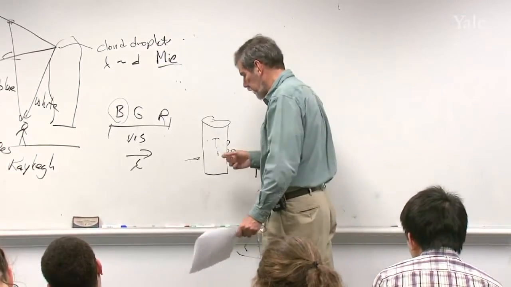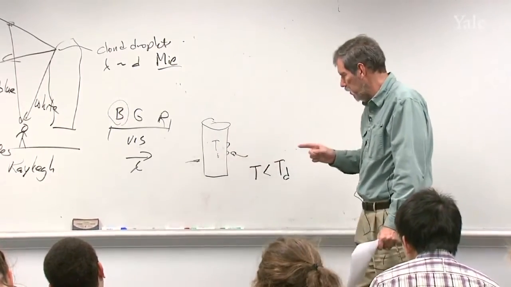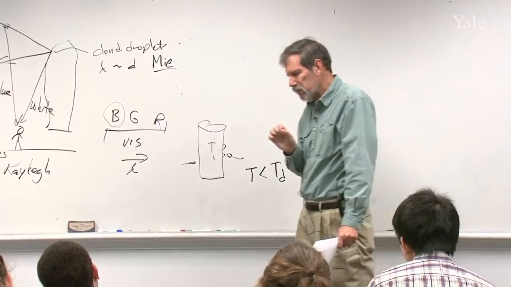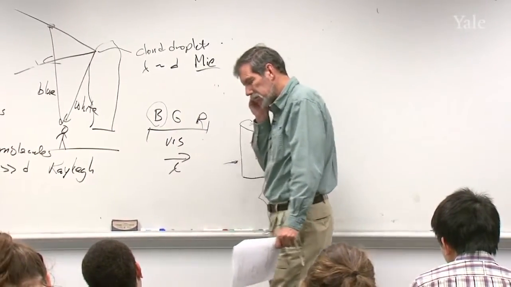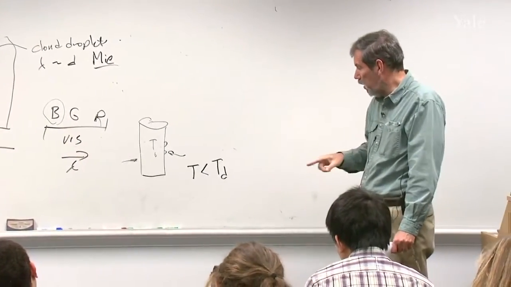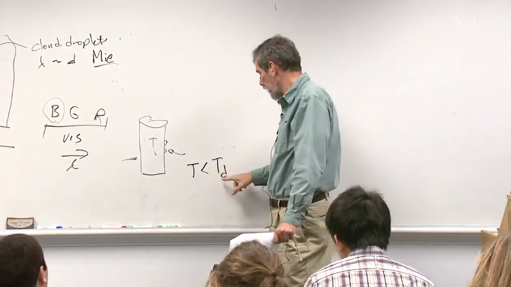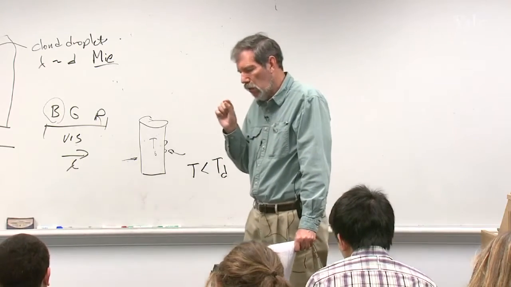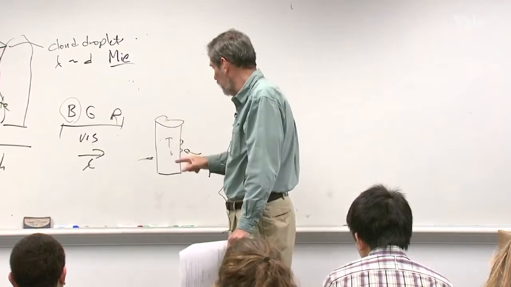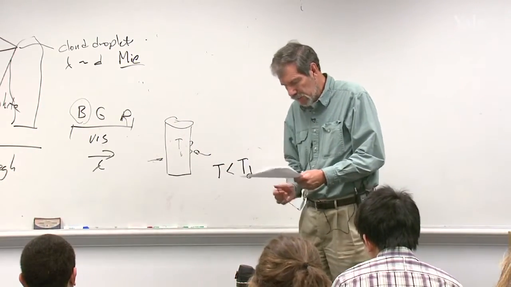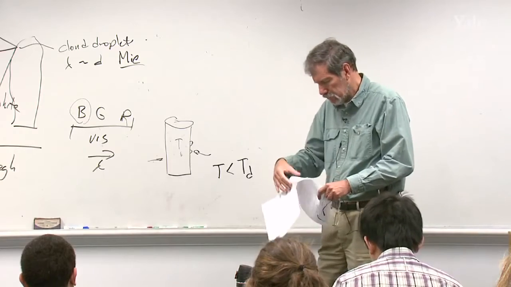The idea is that the glass will remove heat from the air adjacent to it, drop the saturation vapor pressure down, and if it can drop the temperature down below the dew point, then you'll bring water out of the vapor state and condense it on the outside of the glass. So I was looking for a clear explanation of that.